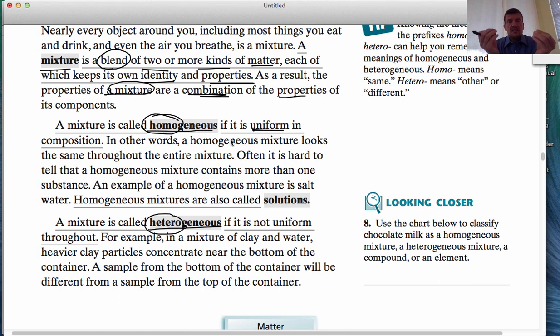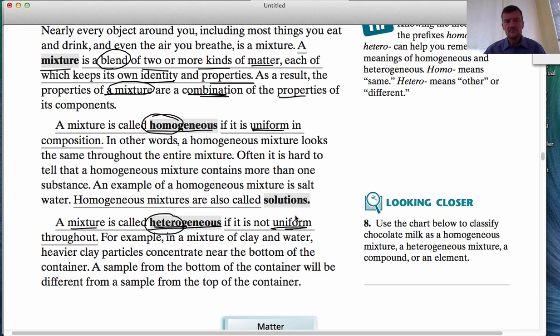They're going to look and have the same exact types of substances within. Okay? Uniformity throughout. A heterogeneous mixture is one that is not uniform. You may grab a sample here and a sample here, and they're going to look different. They're going to have different properties because it's not a complete, uniform, congruent mixture. Instead, it's kind of pockets of different stuff.